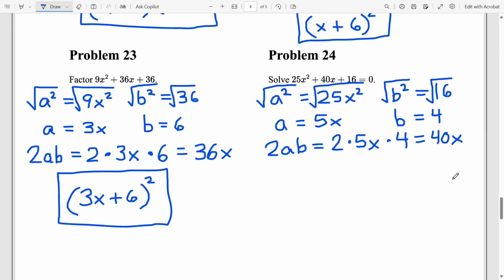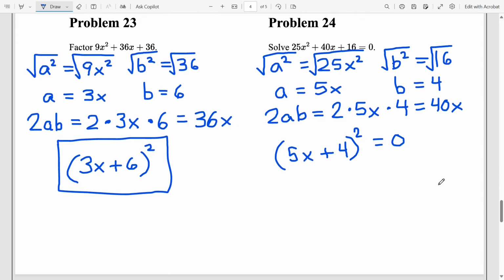So this is a perfect square trinomial, meaning the left-hand side is going to factor to 5x plus 4 squared, and that equals 0. So now if I want to solve for x, I'm going to have one unique solution here. Basically the vertex is going to bounce off the x-axis. It's going to be a parabola that opens up.